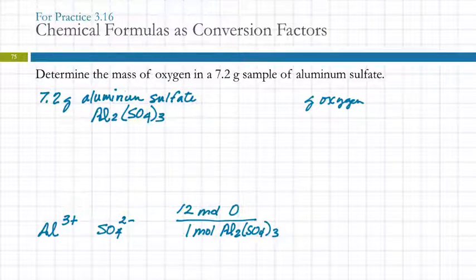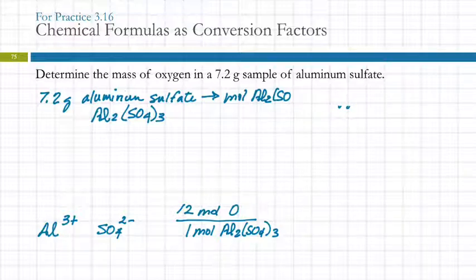So we could go from grams of aluminum sulfate to moles of aluminum sulfate. And I didn't leave enough space, so I'm just going to erase that and move it over. Trying to get to grams of oxygen over here. So I can go from grams to moles of the same thing using the molar mass.